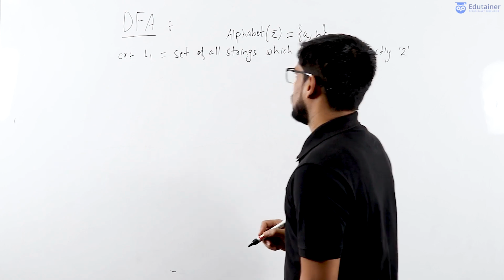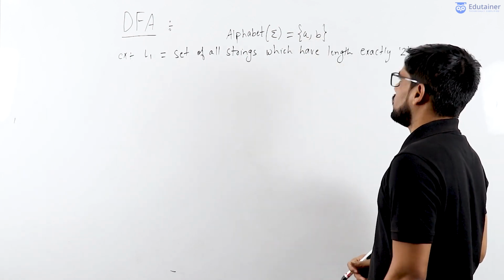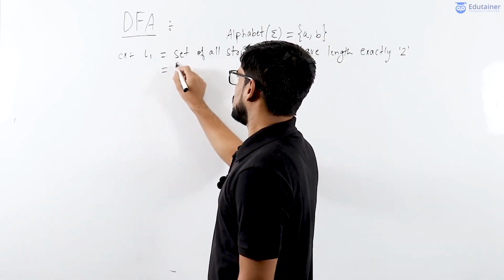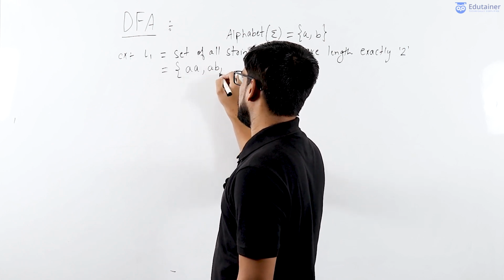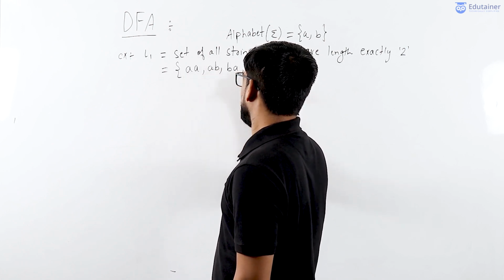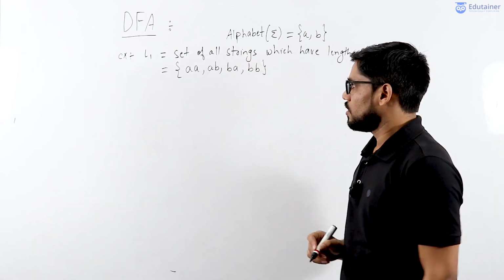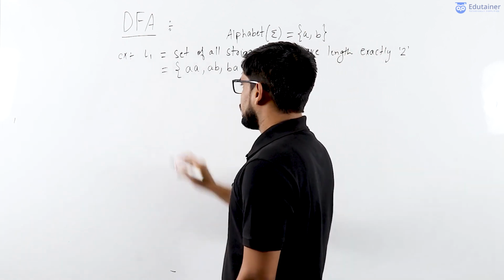Okay, so using a and b, what are the possible strings which have length exactly 2? The possible strings will be AA, AB, BA and BB. Okay, so let's draw the DFA for this language.